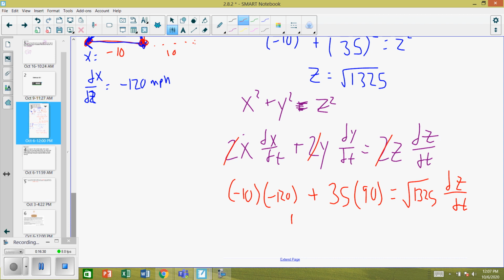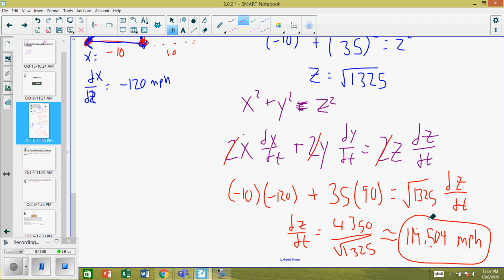And just like before, if I were to solve this out, the whole left side becomes 4350, and we're going to divide by the square root of 1325, and that is approximately equal to 119.504 miles per hour.